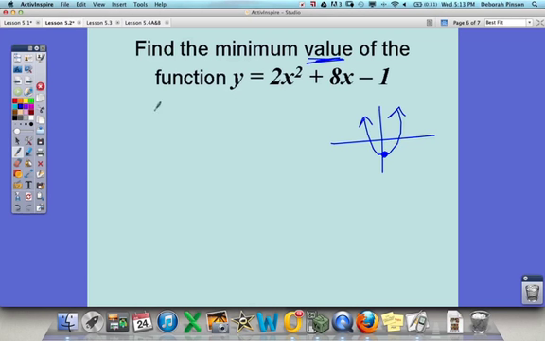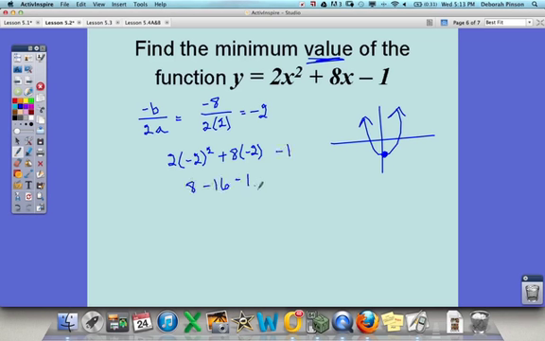Okay, so I'm going to go through. If I'm finding that vertex, I'm going to do negative b over 2a. So negative 2, and then I'll plug it back in. Okay, so negative 9.